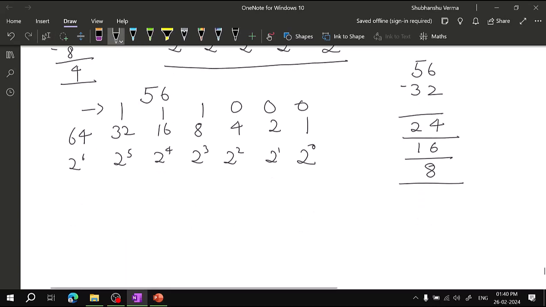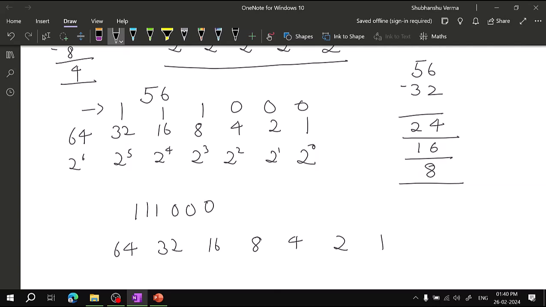As we got this number, 111000, which is 56, if I want to get it back, I'm going to create the table again. I make powers of 2: 1, 2, 4, 8, 16, 32, 64.